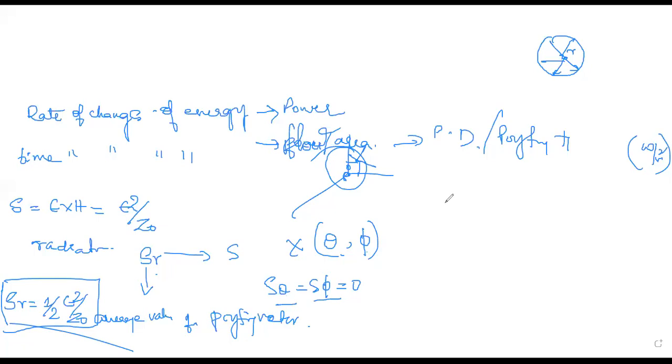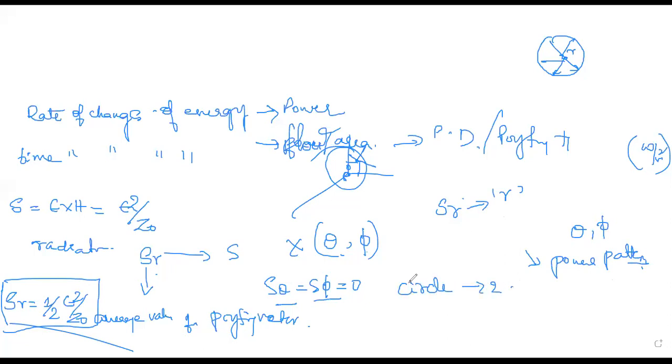It is the graphical representation of the variation of the radial component SR at a constant radius R as a function of theta and phi. The three-dimensional pattern of an isotropic source is a sphere, whereas the two-dimensional pattern is a circle.